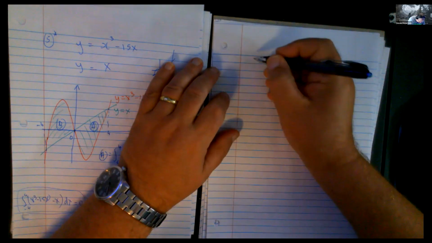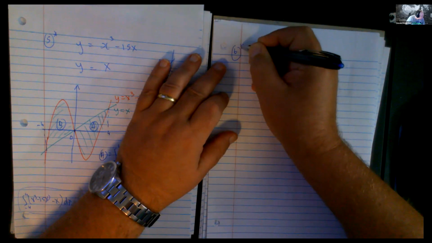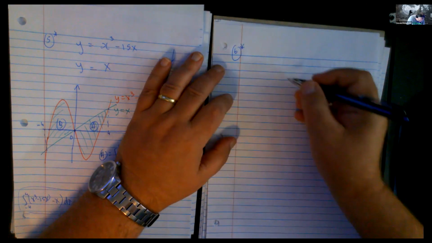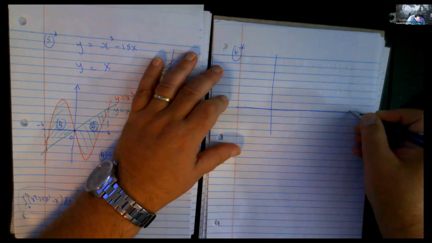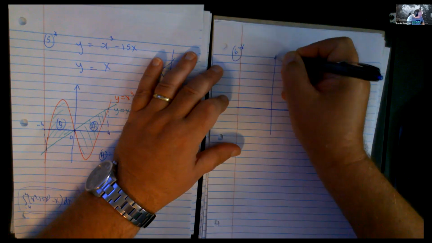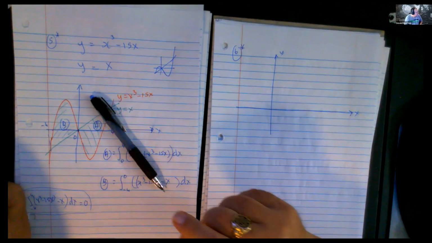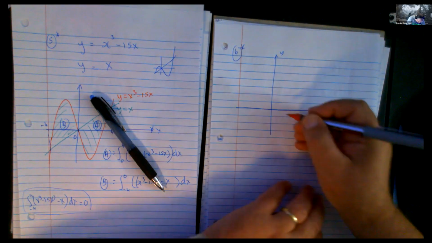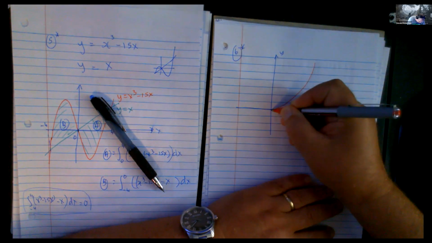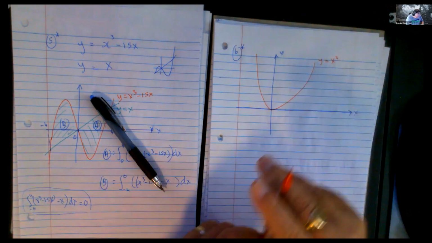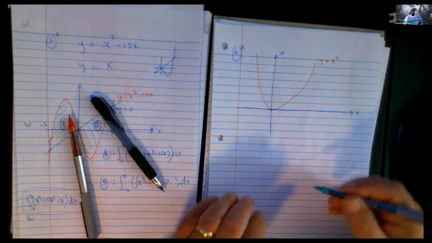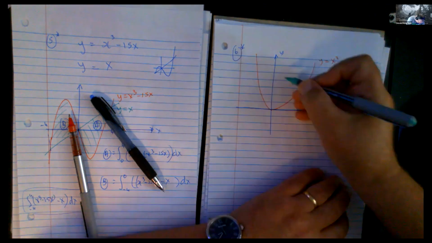This is a version of question 6. We have a curve called y equals x squared, which is pretty easy to sketch. We have a straight line, 8 minus 2x.